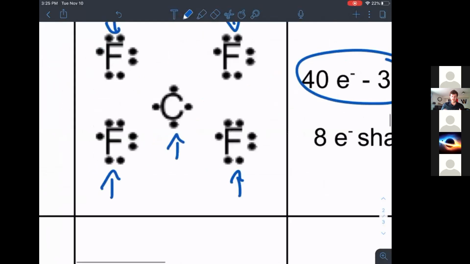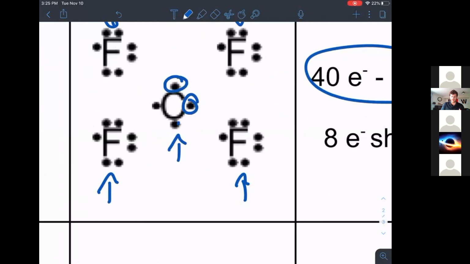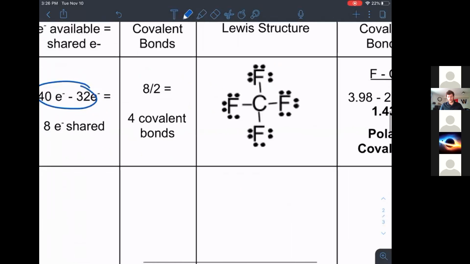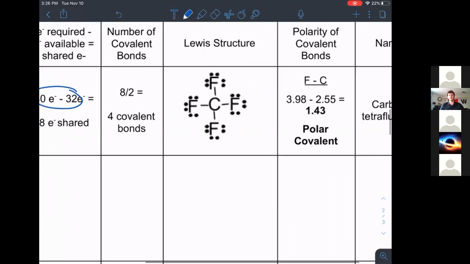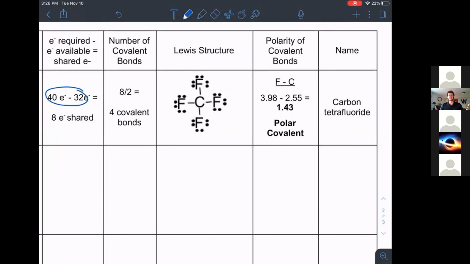Since carbon needs 4 bonds because it has 4 unpaired electrons, we're going to create a bond between each of our fluorines and carbon to create this molecule. Then we can calculate our polarity differences by subtracting the electronegativities between the 2 elements, and name it carbon tetrafluoride because it's carbon, 1 of them, and 4 fluorides.